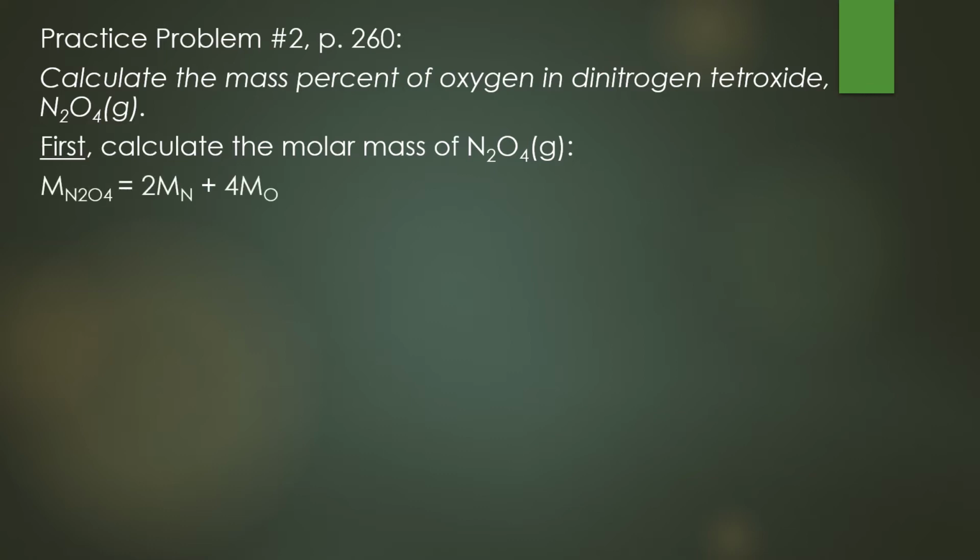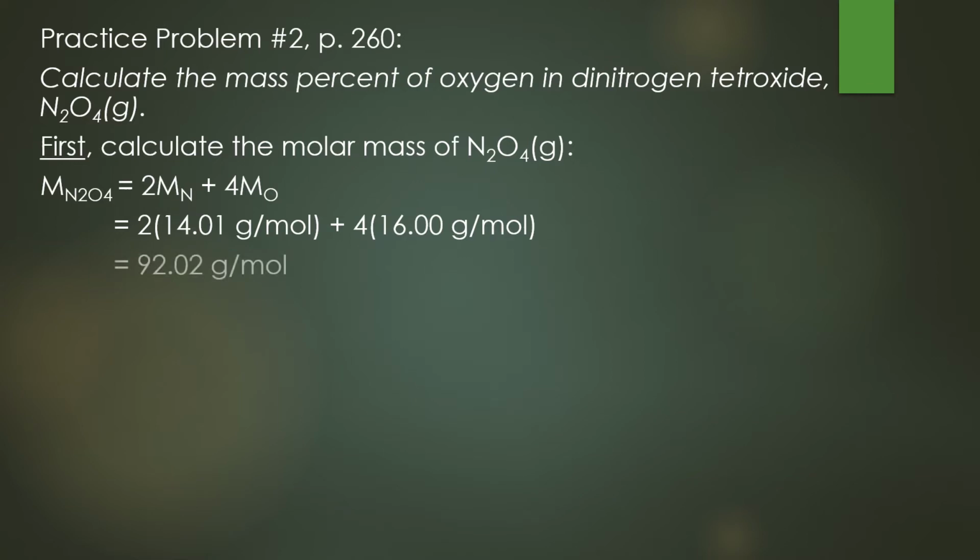So remembering that the molar mass of N2O4 will be 2 times the molar mass of nitrogen, because there are 2 nitrogen atoms, plus 4 times the molar mass of oxygen, because there are 4 oxygen atoms. Plug in your values. So 2 times 14.01 grams per mole for nitrogen, plus 4 times 16 grams per mole for oxygen.